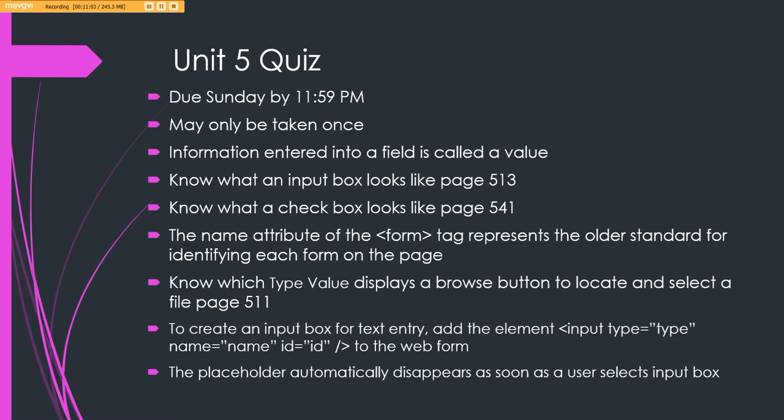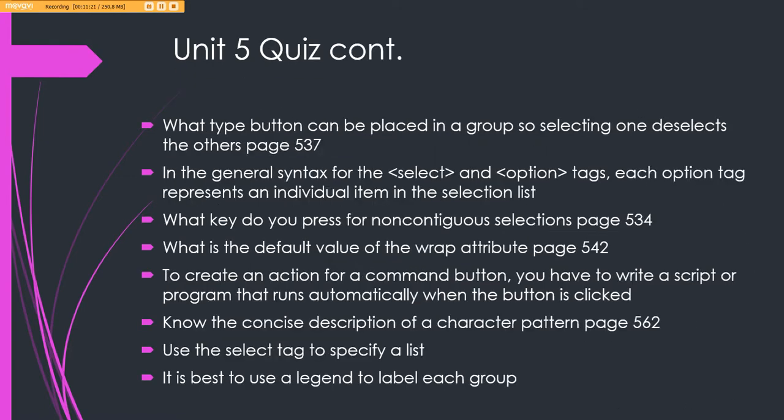To create an input box for text entry, add the element input type, name, ID to the web form. The placeholder automatically disappears as soon as the user selects the input box. What type button can be placed in a group so selecting one deselects the other?